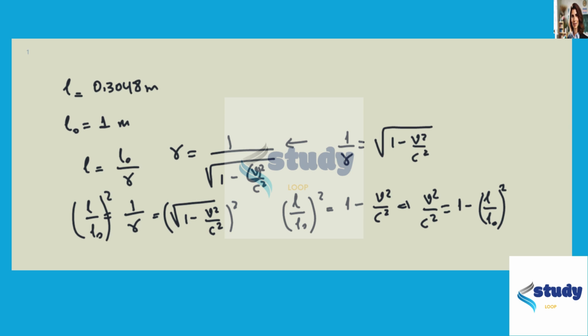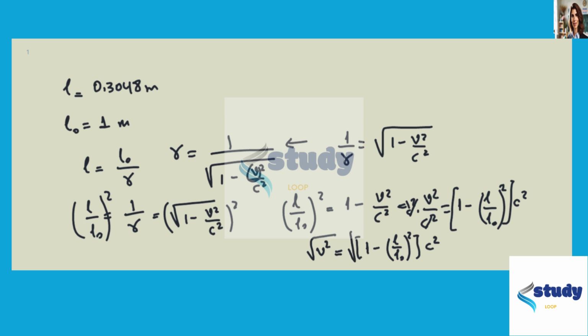Right. Now if you multiply both of these sides by c squared, these are going to cancel out, and we're going to have a c squared on the other side. And here, let me do it step by step. V squared is going to be 1 minus L over L naught squared times c squared.